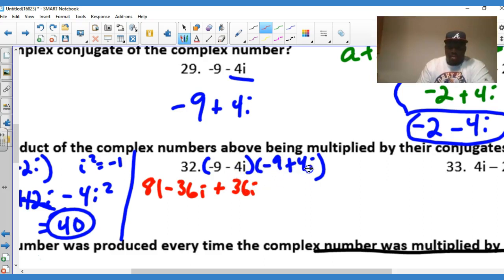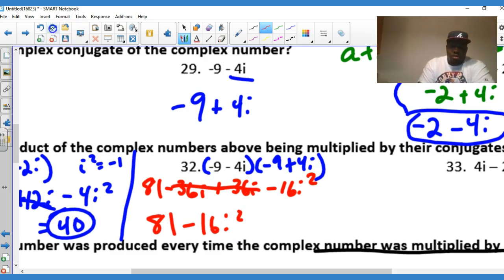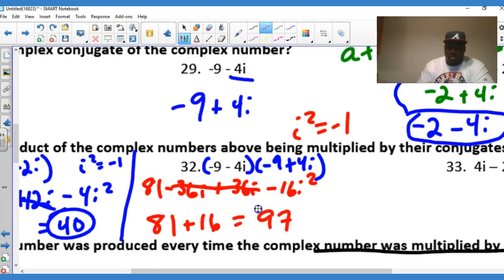And negative 4i times positive 4i is a negative 16i squared. Now, negative 36i and positive 36i cancel. So it's 81 minus 16i squared. Or actually, let's go ahead and just do it. 81 plus 16, because remember, i squared is negative 1. Negative 1 times negative 16 is a positive 16. So 81 plus 16 is going to be 97.